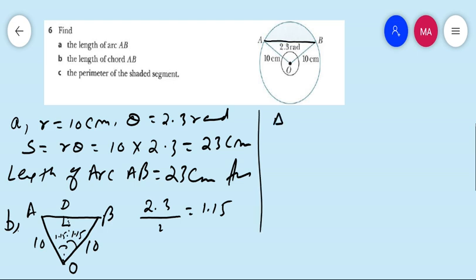So you can say triangle ADO is a right triangle. Now you can find AD. How to find AD? We don't have OD.